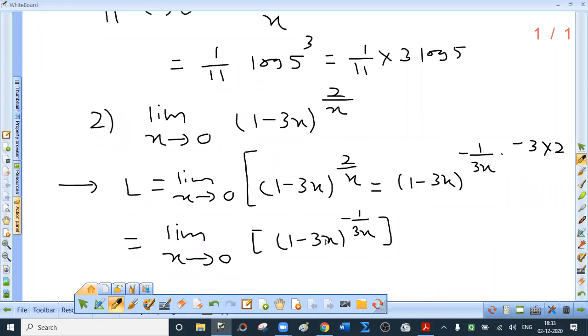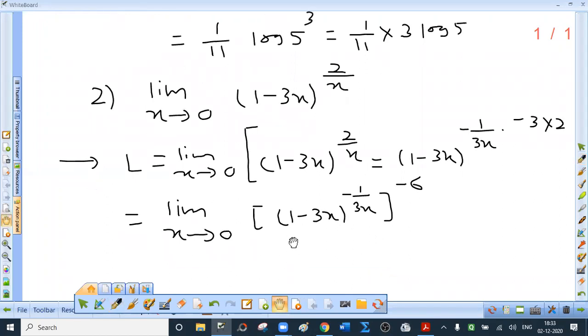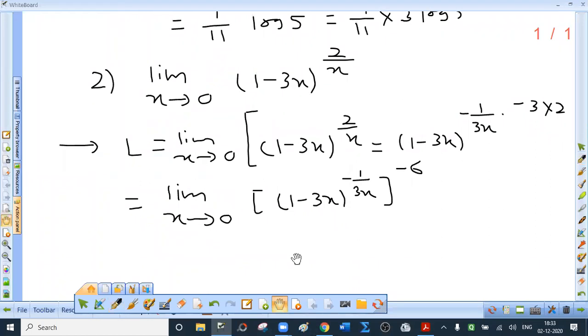Now, next step, as per laws of indices, this I can write as (1 minus 3x) raised to minus 1 upon 3x, raised to minus 6. Why? See, a raised to m raised to n is a raised to mn. So we have written the same in the required form. Now, can I directly write the value of limit as 1? No. Limit of power is power of limit.